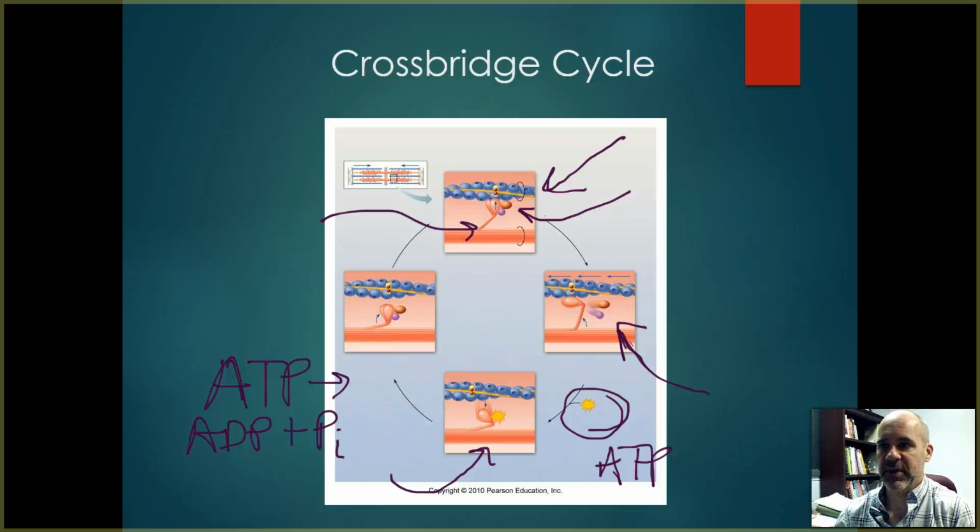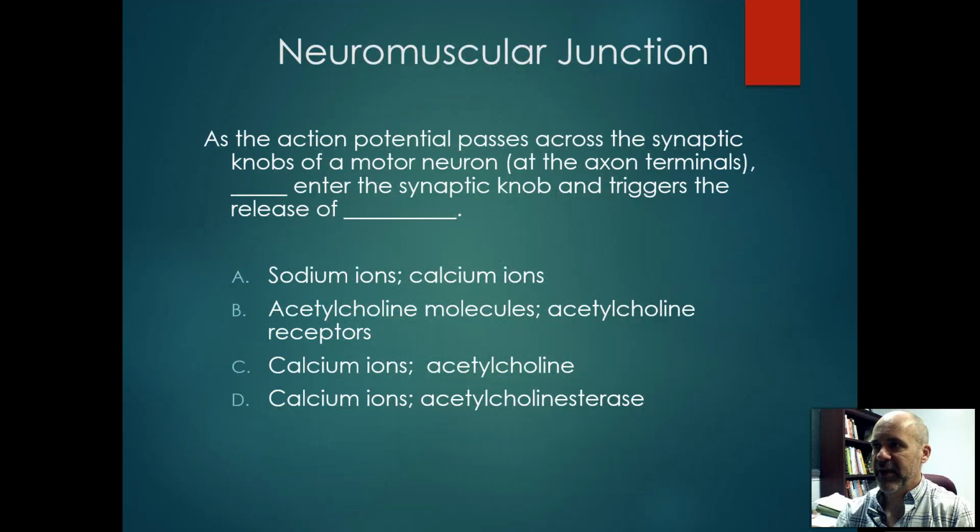So that's called the cross-bridge cycle. And again, in order for that to keep occurring, you've got to have calcium out of the SR. The only thing that's going to keep your calcium out of the SR is to have action potentials traveling across the muscle fiber membrane.